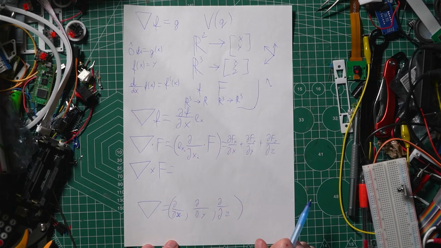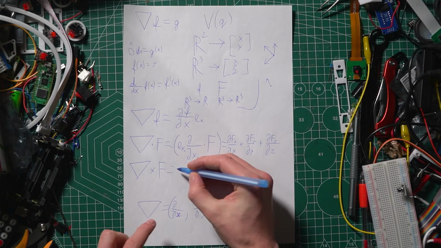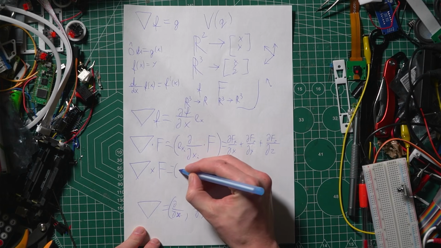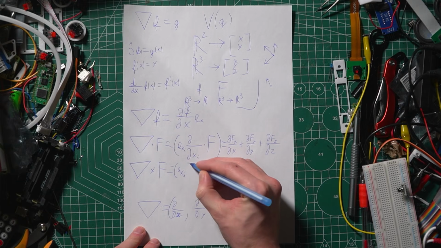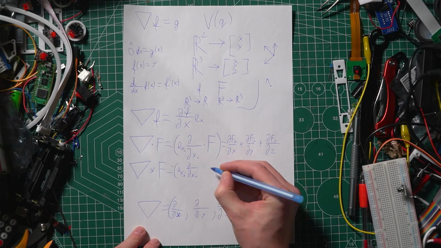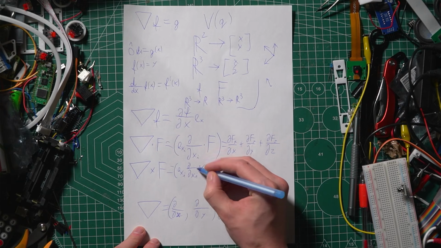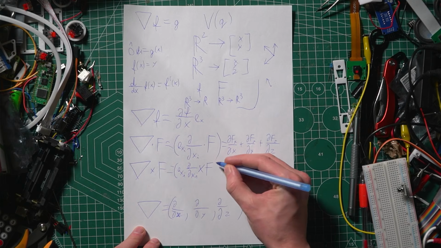With this one, well, we'll have to pause for a second. Due to the nature of the cross product, I can note this down again if you'd like, because once again, what we're doing here is just taking a cross of the del operator with the function.